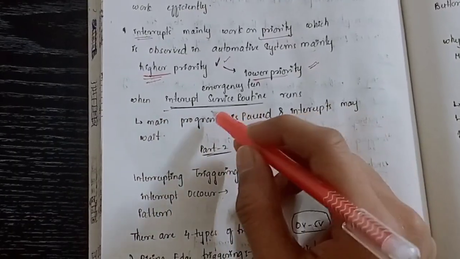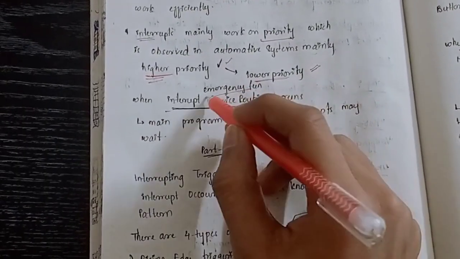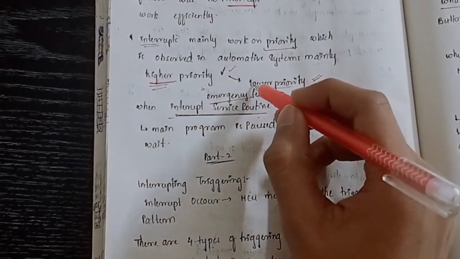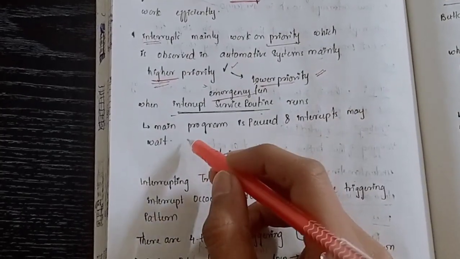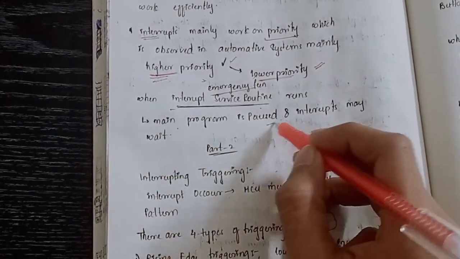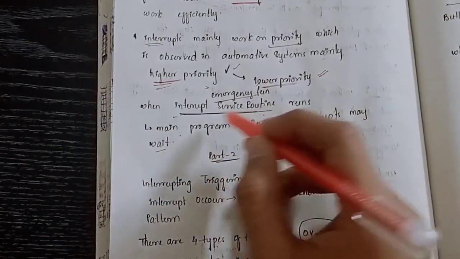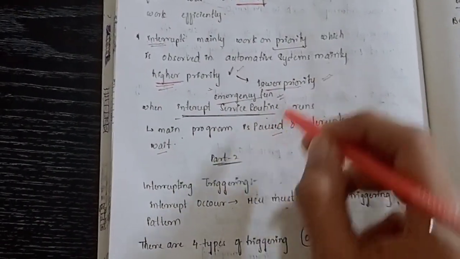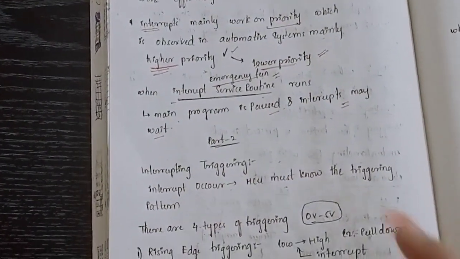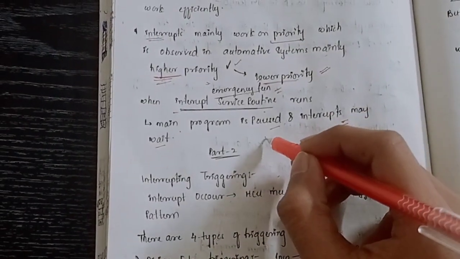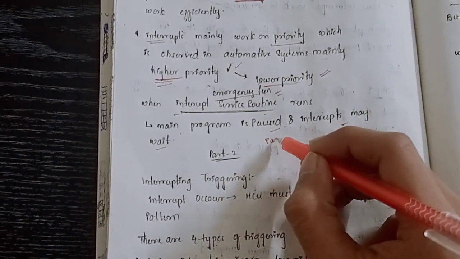When an interrupt service routine, the emergency function of an interrupt, runs, the main program would be paused while the emergency task completes. So that's part 1 of learning embedded systems on day 5.